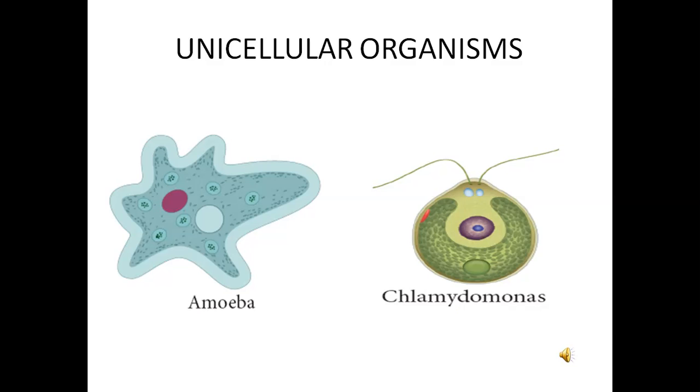Bacteria are also unicellular organisms. So unicellular organisms mean single-celled organisms, and they carry out entire functions in one cell. The bodies of all organisms are made up of tiny building blocks called cells.